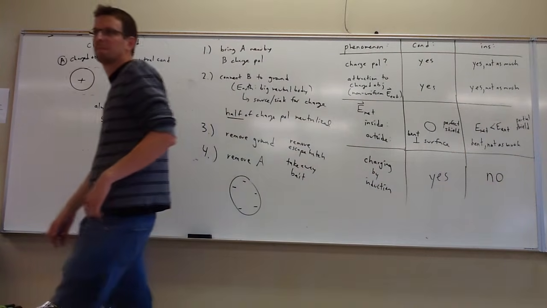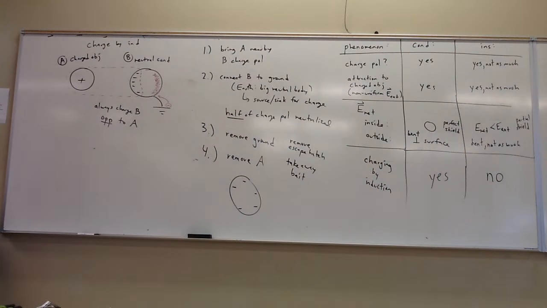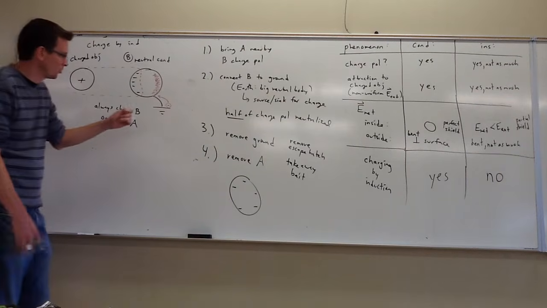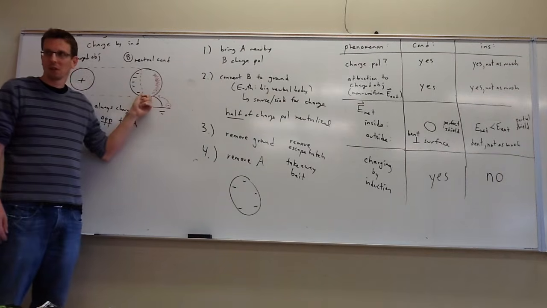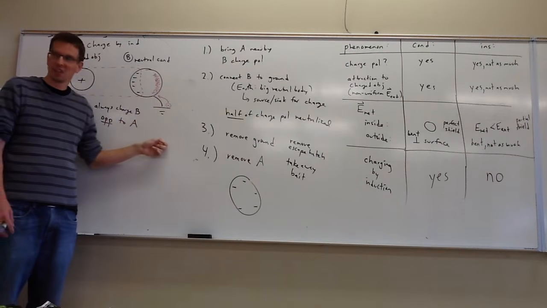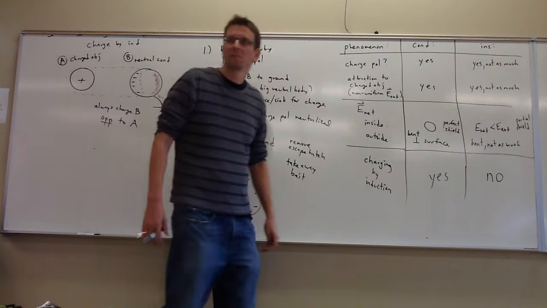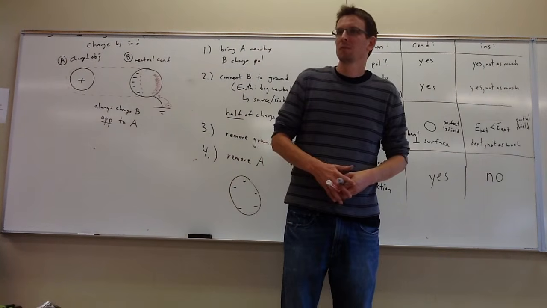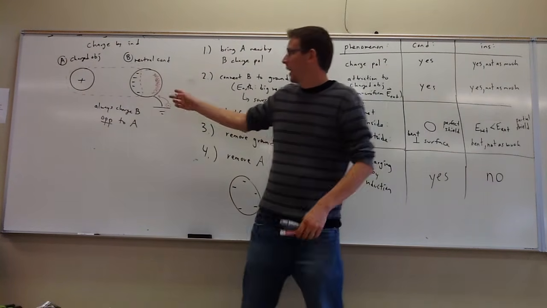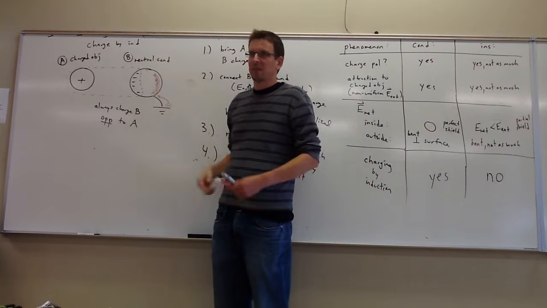Yeah? How is it that you connect the object to the ground exactly? It actually doesn't matter where you connect it. No, I mean, what do you use? How do you do it? You usually just take a conducting wire and just sink it into the ground. It actually can be anywhere on here, surprisingly.